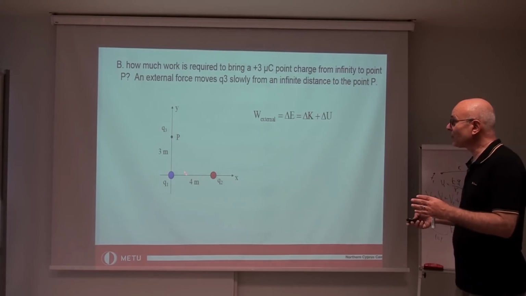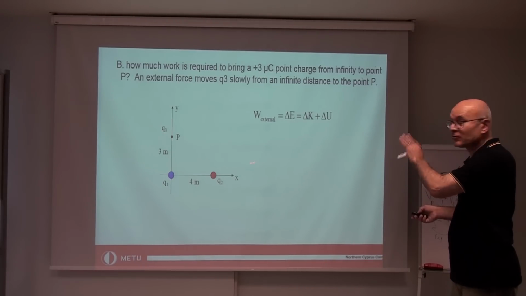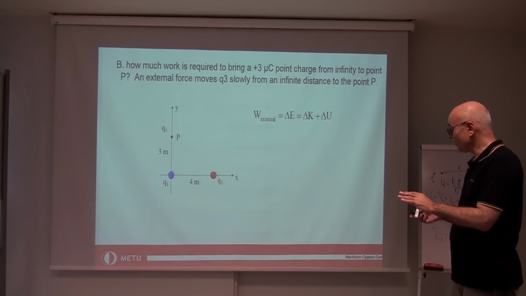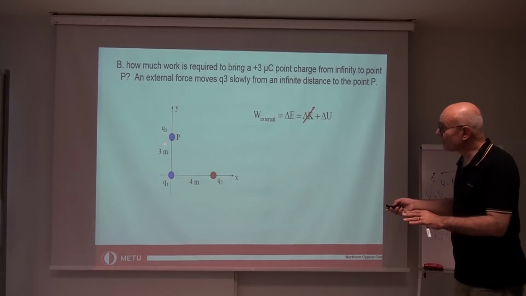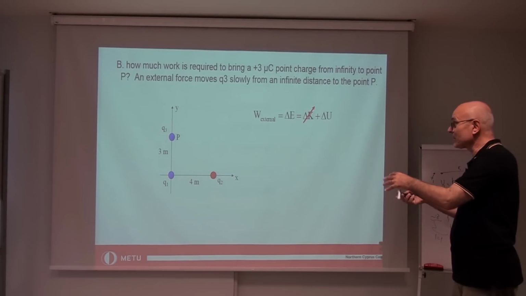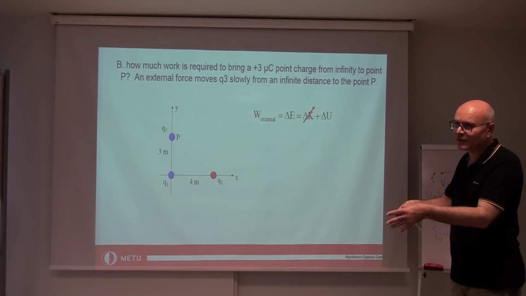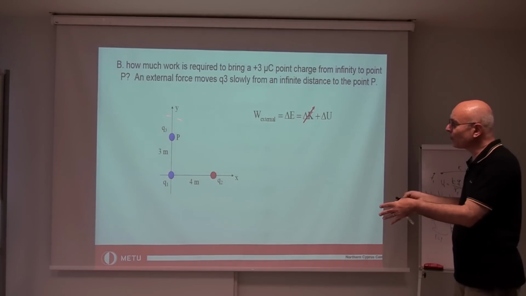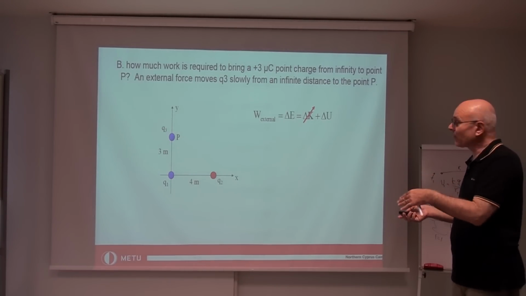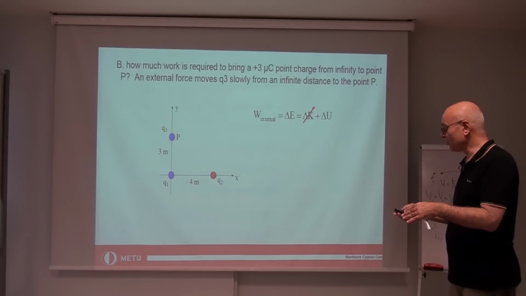What was the potential energy of the system of the three charges? Now the third charge is at infinity, so it doesn't contribute. So delta U in this case is the potential energy after Q3 was in, minus the potential energy before Q3 was in, when I had only Q1 and Q2.